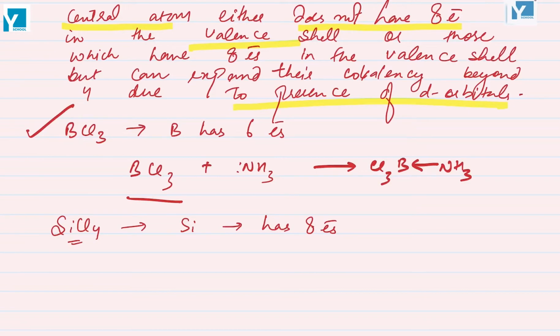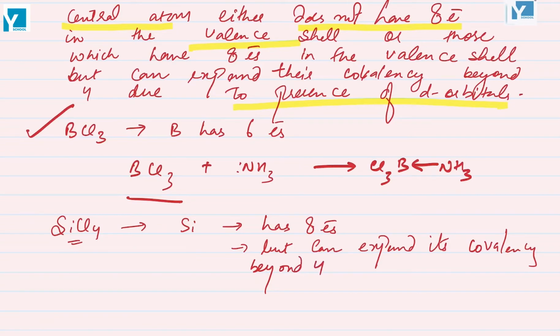But it can expand its covalency beyond 4 due to the presence of vacant d orbitals, right?